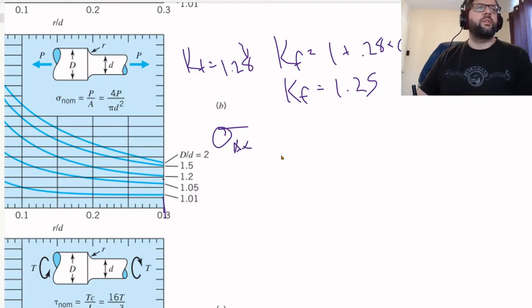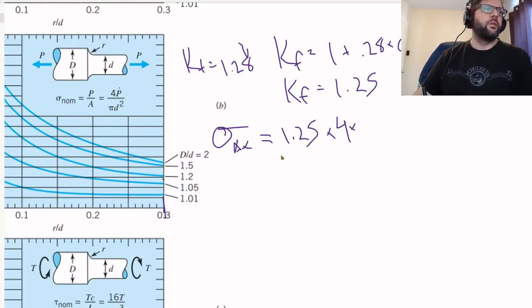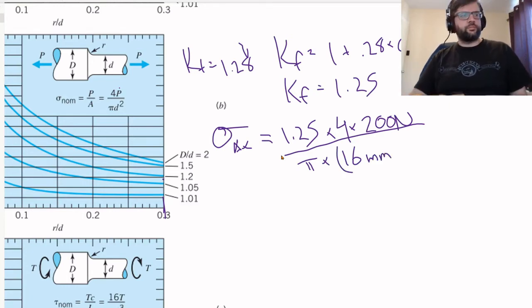So the axial stress is going to be equal to 1.25 times 4 times the load, so that's the 200 newtons, divided by pi times 16 millimeters squared. 1.25 times 4 times 200 divided by pi divided by 16 squared.